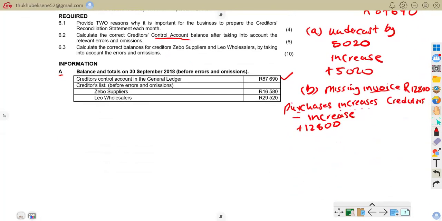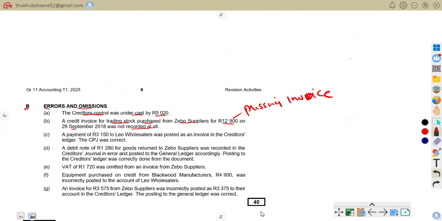So now we are to come and see what C holds for us. C talks about a payment of 3,150 to Leo Wholesalers that was posted as an invoice in the creditors ledger, and the cash payment journal was correct.